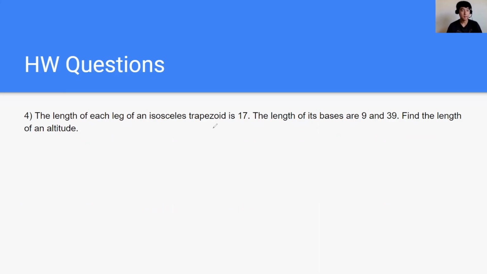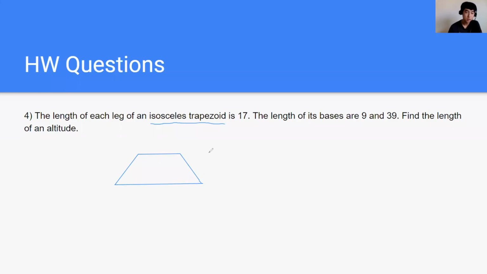Okay, there's a new term for you: isosceles trapezoid. Those of you who don't know what an isosceles trapezoid is, I'm going to draw a diagram for you. This is an isosceles trapezoid.